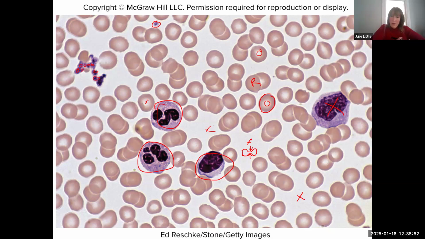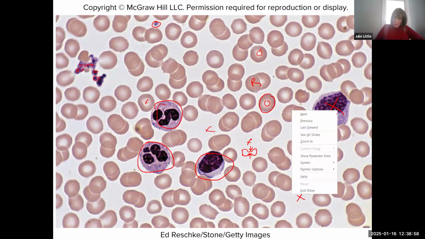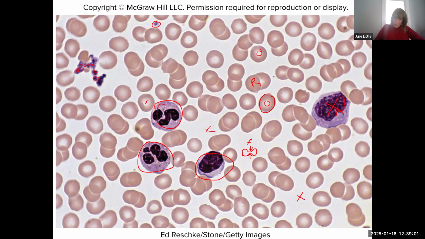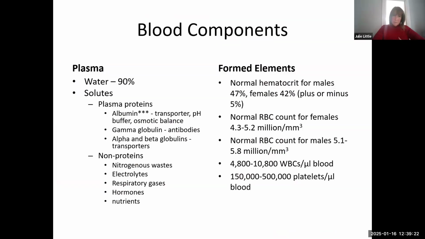And we have three different types of white blood cells on here. We have what's called a big old monocyte here. Notice how large it is compared to these two, which are the same guy, called a neutrophil. And here we have a little lymphocyte. We'll get into these identifications in a subsequent lecture. But here we have red blood cells, white blood cells, and platelets in our sample.